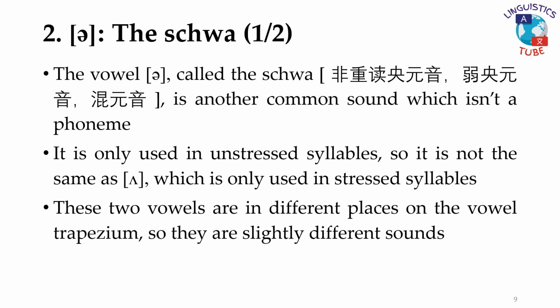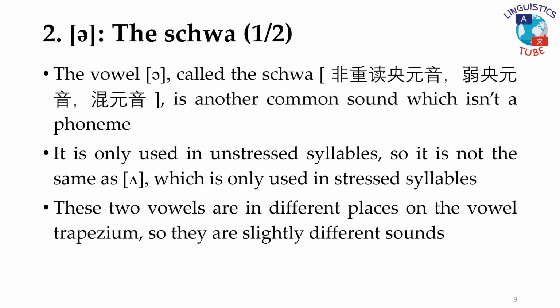We will learn about this in detail in Chapter 2, Episode 5. However, for now, you should know that this sound is not the same as the full vowel, whereas the full vowel is used in stressed syllables. The schwa is only used in unstressed syllables.